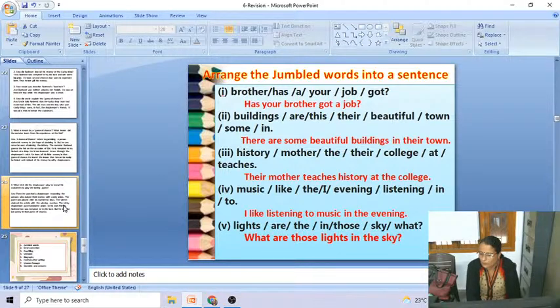Formal letters are written to officials, not to friends or relatives. It is written to officials such as the principal, teacher, collector, sub-inspector or an editor.